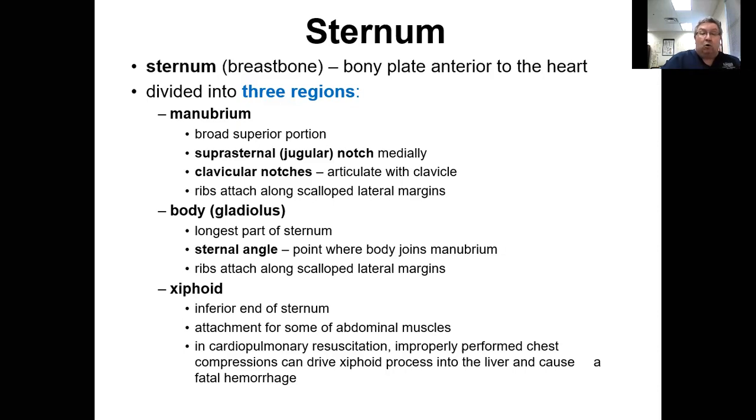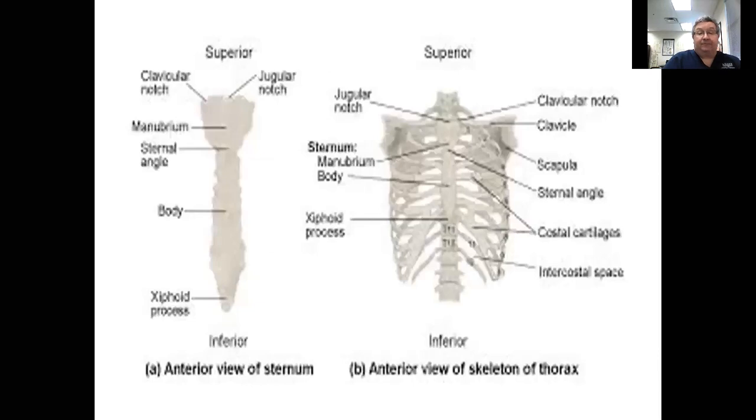The body is the longest part of the sternum, and that's where most of the ribs are attached. And finally, on the bottom is the xiphoid process, which is the inferior end of the sternum. It's here where a lot of the abdominal muscles attach, and the diaphragm, which is one of the key muscles of our breathing.